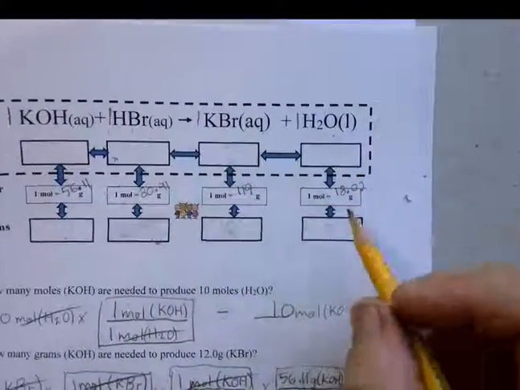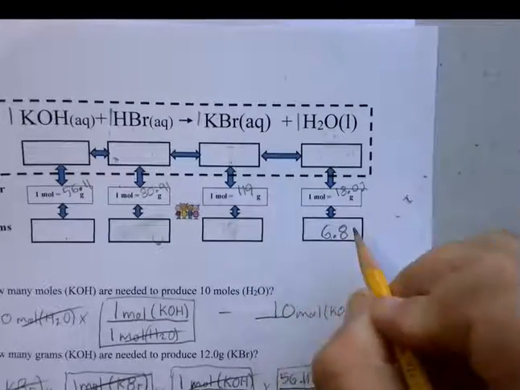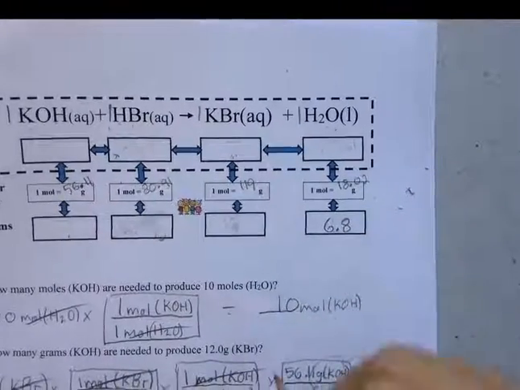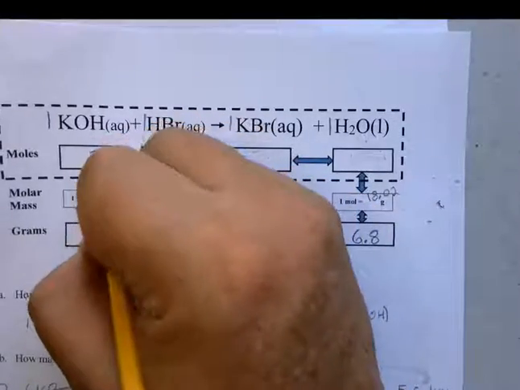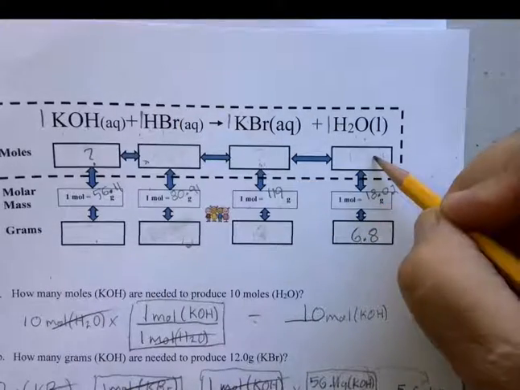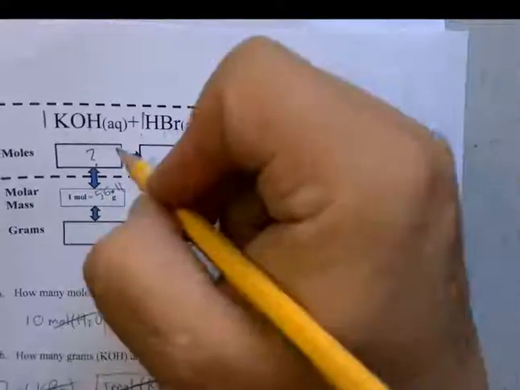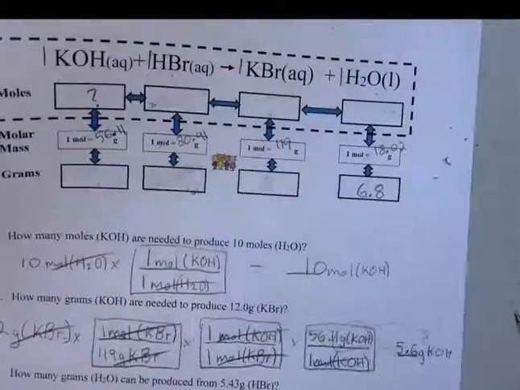So we're starting off with grams of H2O right here. So there's H2O, there's grams. It's 6.8. We're going to end up with moles of KOH. So up here is KOH and there's moles. There's the question mark. So to get from here to here, we have to use molar mass to get moles of water and then go across the equation to get moles of KOH for our final answer.